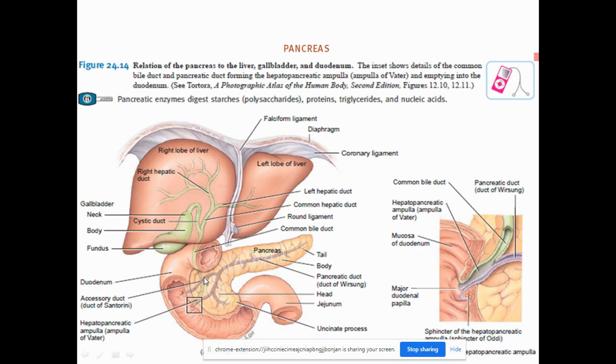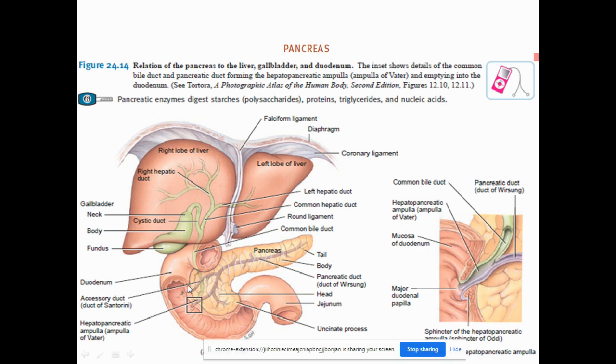This accessory duct is present around 2.5 centimeters from the common pancreatic duct. It combines with the pancreatic duct and joins together to form the common duct.